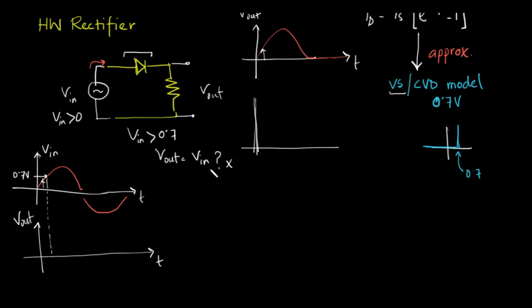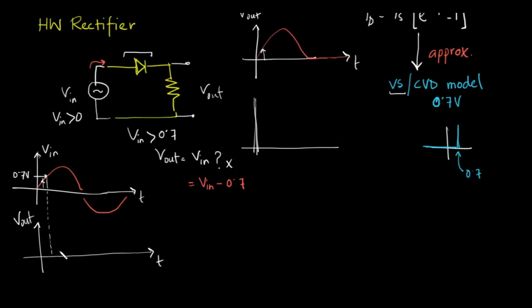Alright, so then what will be the output voltage? The output voltage will be V in minus 0.7 volt. The diode will consume 0.7 volt from the input side. So the output voltage will be the input voltage minus 0.7 volt.